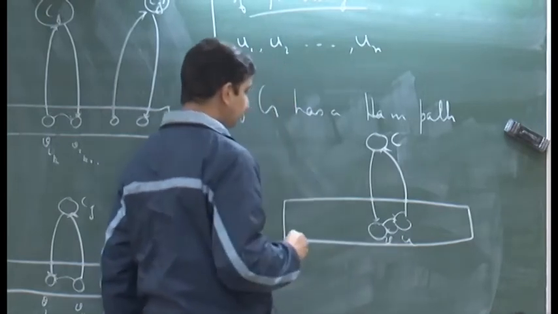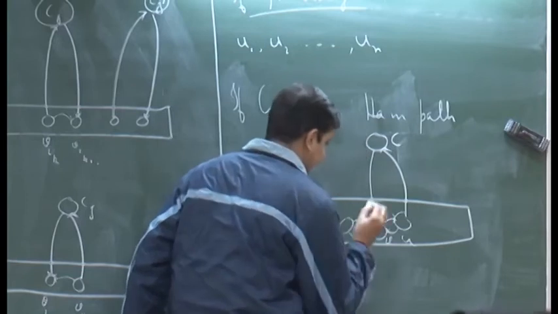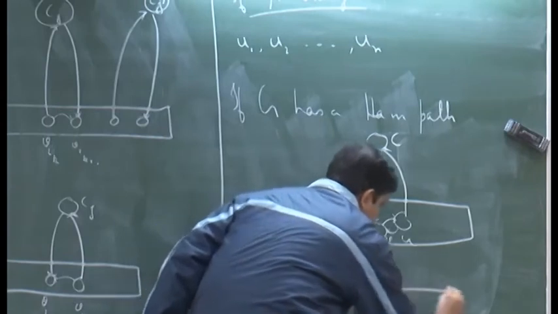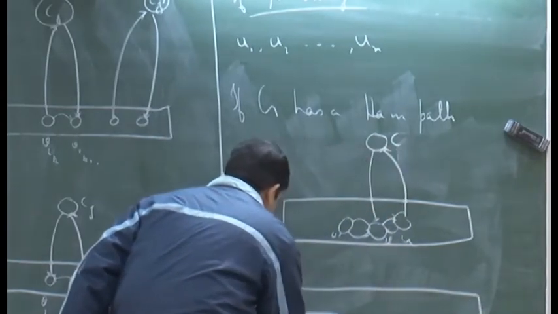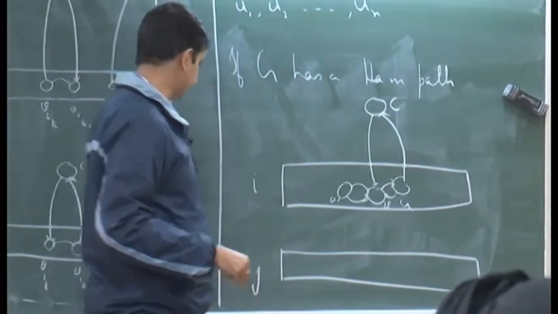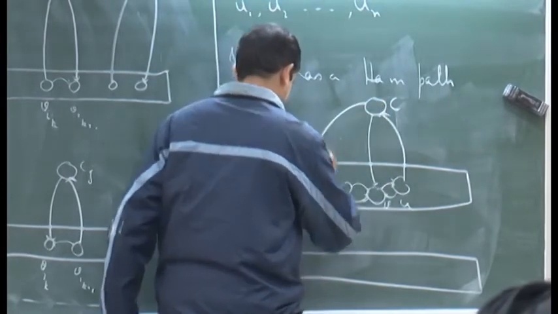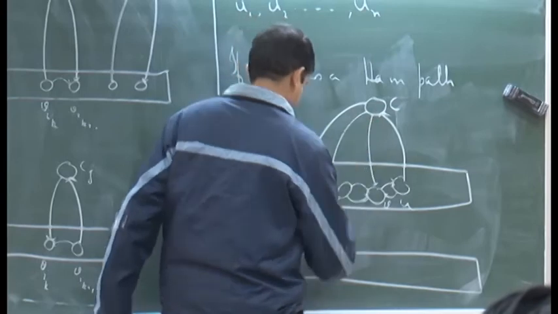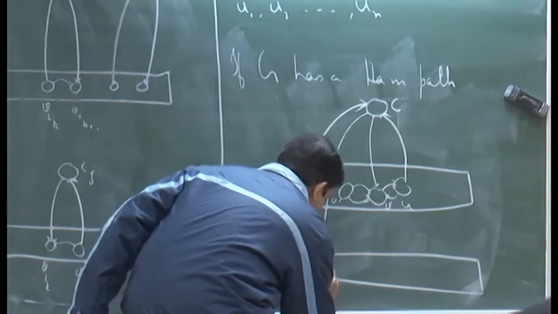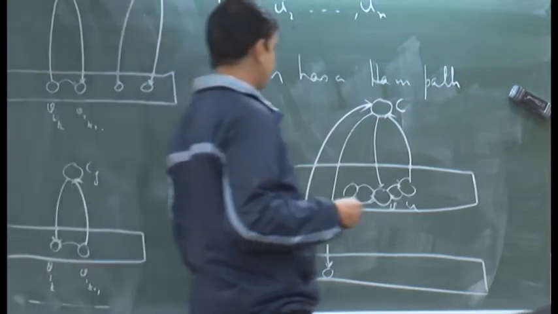There is also another adjacent vertex sitting here, let us call this V prime. Now, there can also be another chain J which corresponds to some variable x j, which also belongs to C. I wish I had another colored chalk, but anyway.